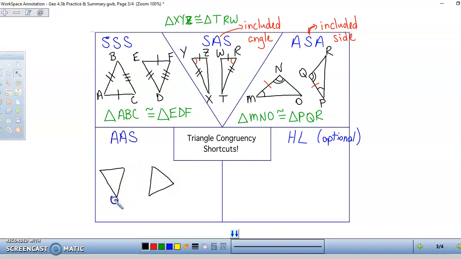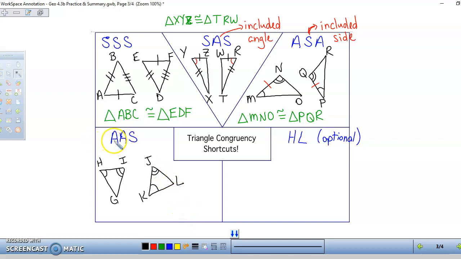Okay, so let's say this is G, H, I, and then J, K, L. Here again, I'm going to have 2 angles marked congruent. So I'm going to say that angle H is congruent to angle K, and that angle I is congruent to angle J.